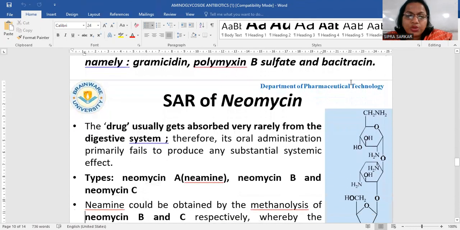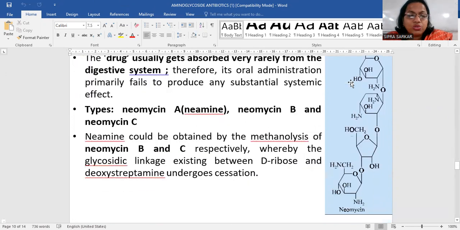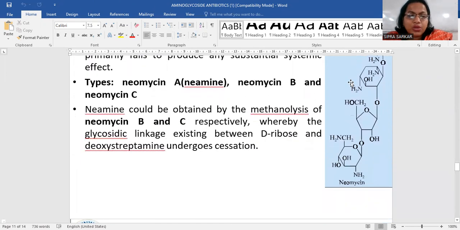Now coming to the SAR of neomycin, the drug gets absorbed very rarely from the digestive system. Therefore, its oral administration fails to produce any substantial systemic effect. As this drug is rarely absorbed orally, the oral dose will not be effective. Types: neomycin A, neomycin B, neomycin C. These are another category of drug.